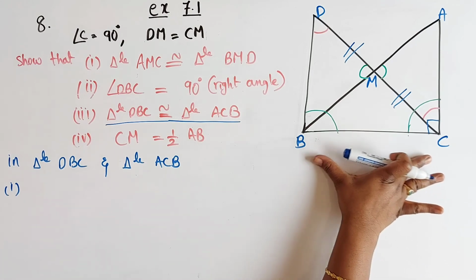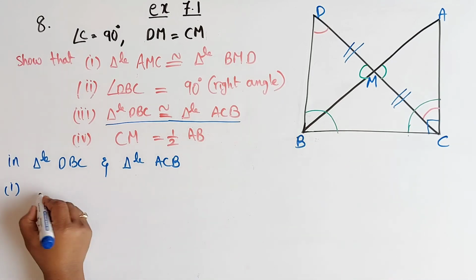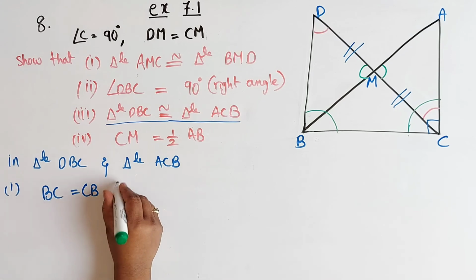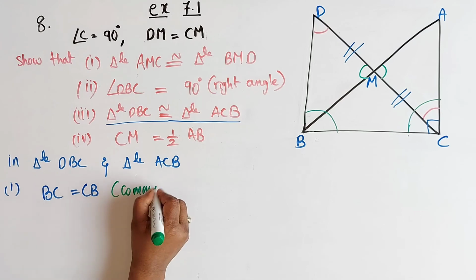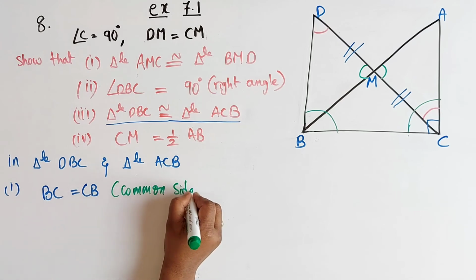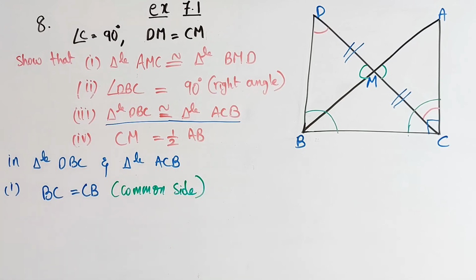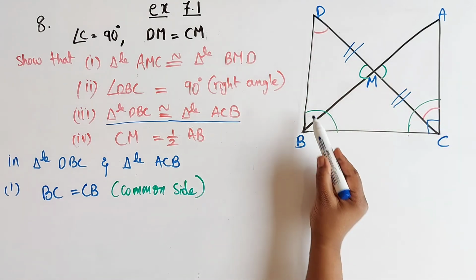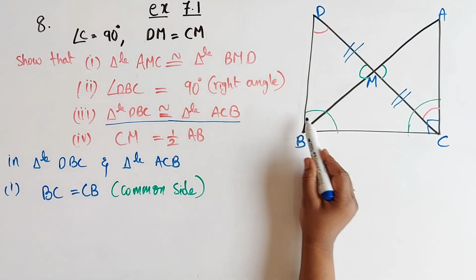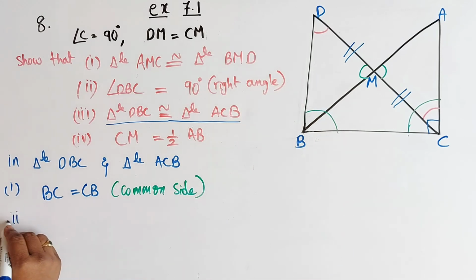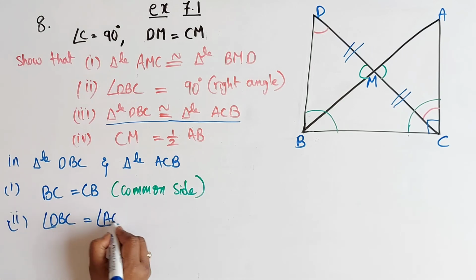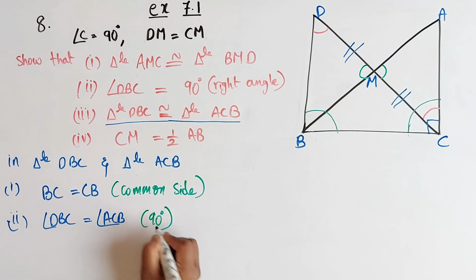First one, we can write that BC equals CB, because common side. And second one, angle DBC equals angle ACB. Just now we proved, right? Angle DBC also 90 degrees. The reason is both are 90 degrees.